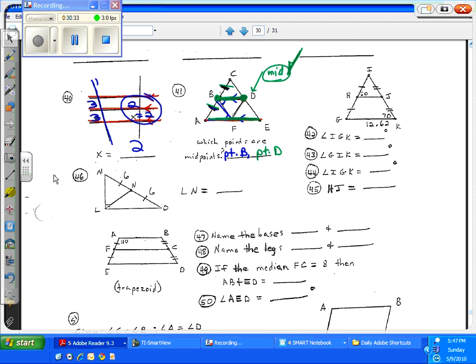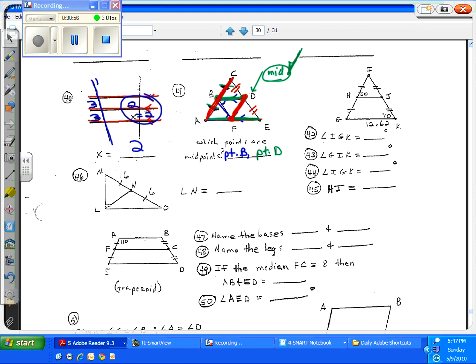Well, now we're wondering about point F. Does point F hit the midpoint of one side? Yes, it hits the midpoint here. We just proved that. If we knew that it was parallel to the second side, then we could say that F is the midpoint of the third side, AE.